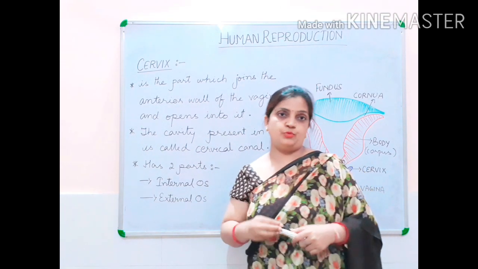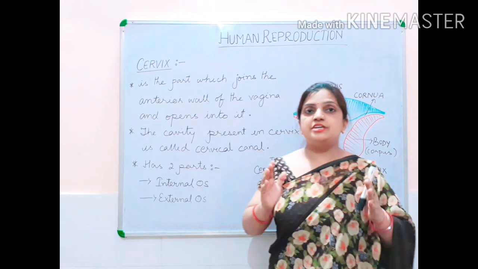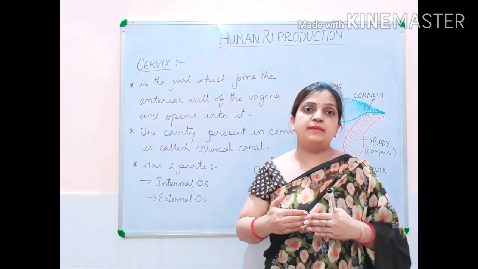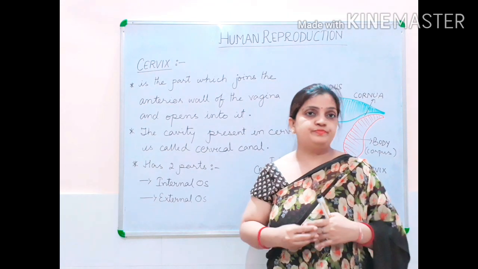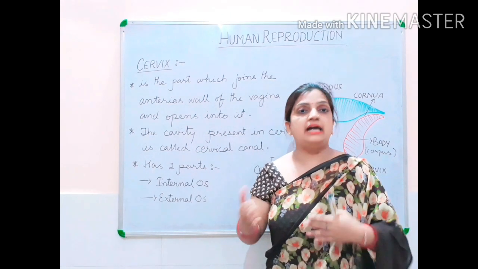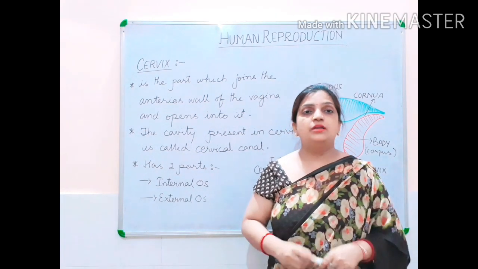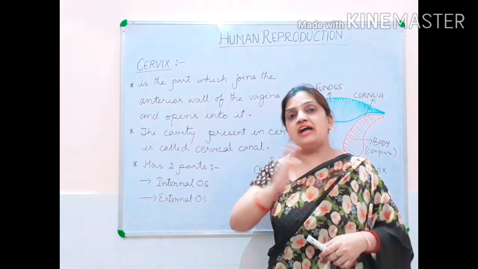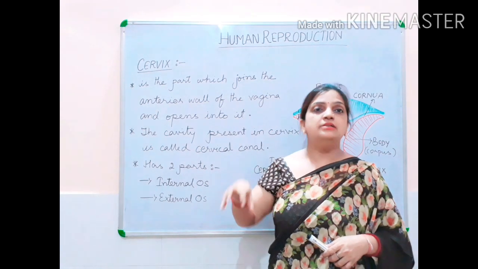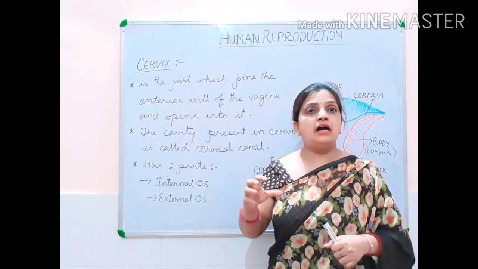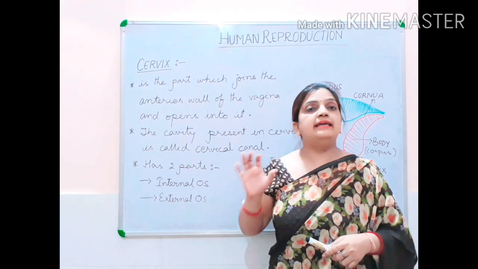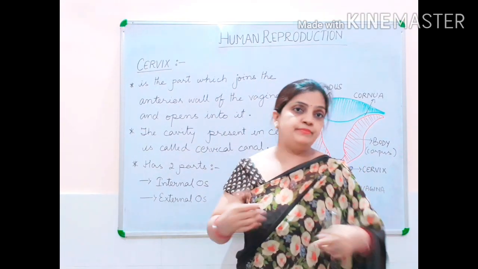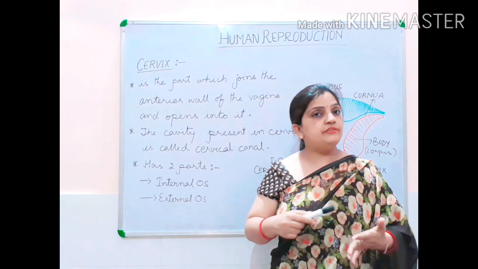I'll repeat this point. The fertilization process, you all know, takes place inside the fallopian tube. But what happens after that? The zygote is formed. That zygote is transferred from the fallopian tube into the uterus and is implanted in the wall of the endometrium for further development of the embryo and fetus.